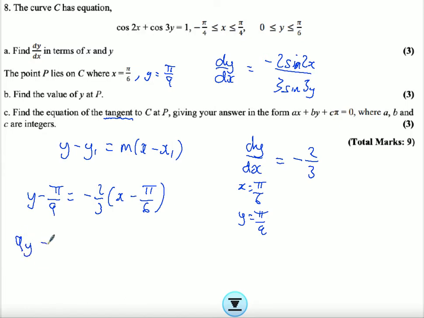So 9y subtract pi equals negative 6x, so 9y add 6x, and then we're going to get negative pi here, and then we're going to add, so it's going to be positive pi, so we're going to subtract that across, so negative 2 pi equals 0, and we've got a, b and c as integers.